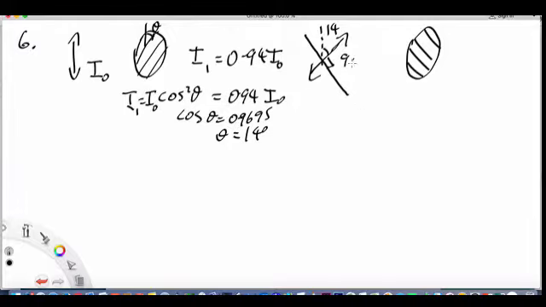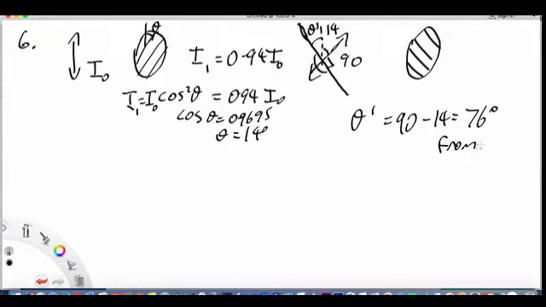So if that's 90 and that's 14, this angle, we'll call it theta dash, plus 14 has to add up to 90, because we know that that straight line is 180. 90 minus 14 is 76 degrees from the vertical.